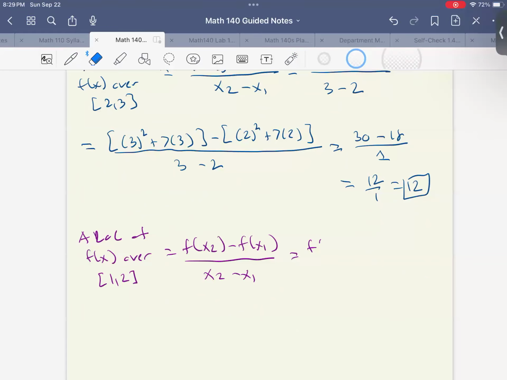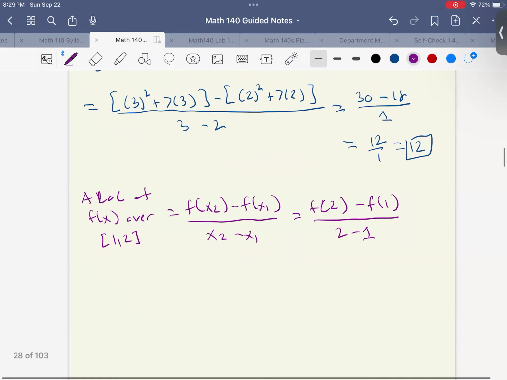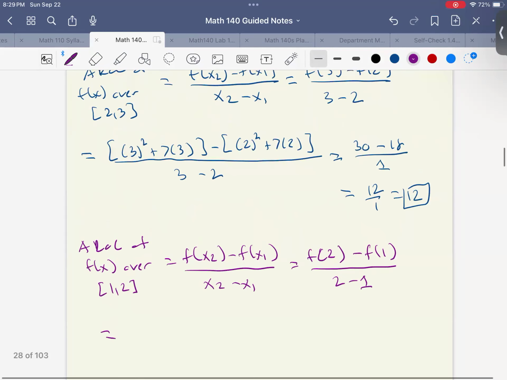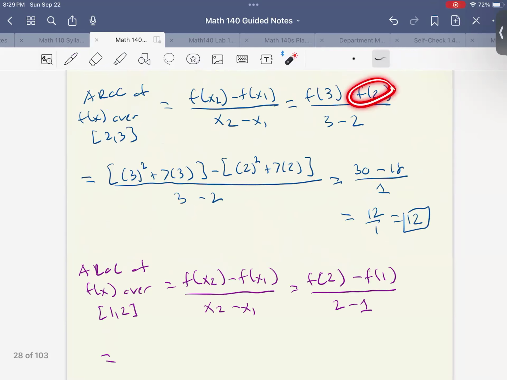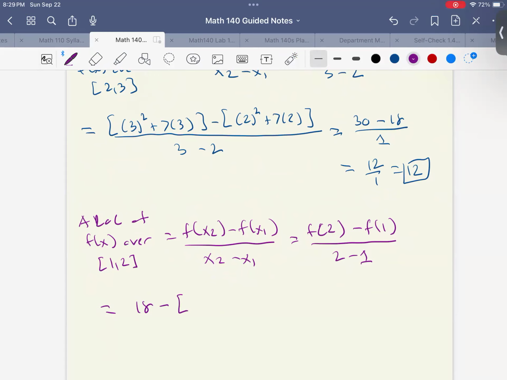Okay. So once again, we're finding the average rate of change from 1 to 2. So it'll be f of 2 minus f of 1 over 2 minus 1. Okay, so f of 2, we already just found that, right? We found f of 2 to be 18. So this will just be 18 minus f of 1, which is just 1 squared plus 7 times 1 all over 2 minus 1.